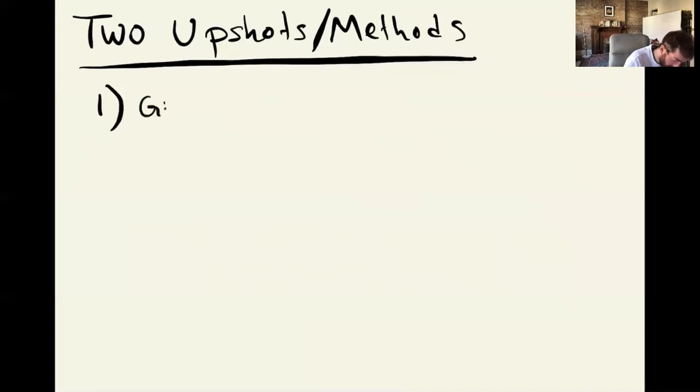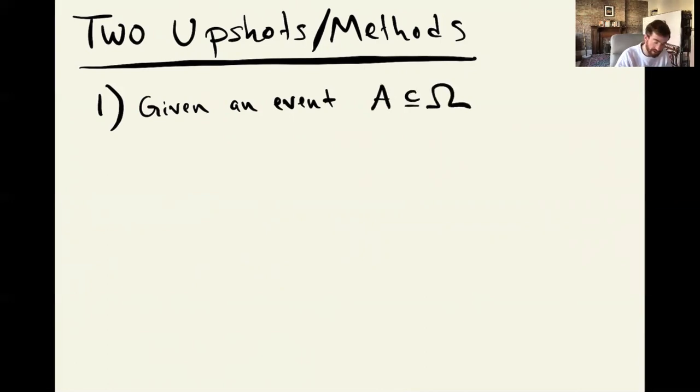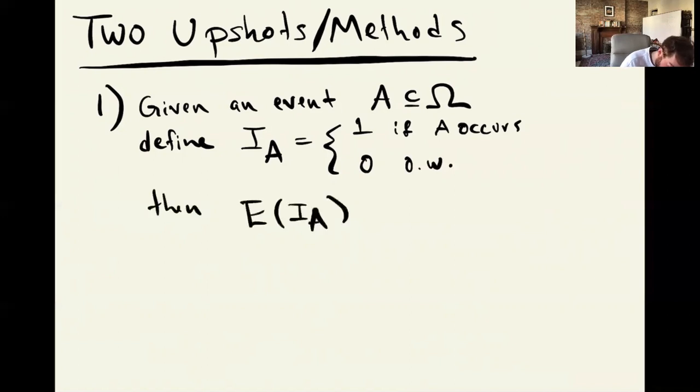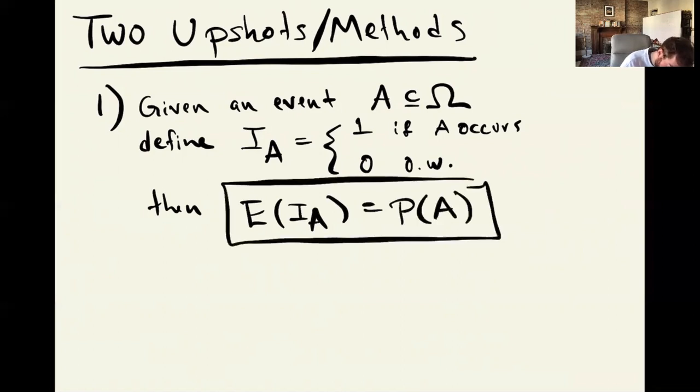If I'm given an event A, which of course is a subset of my space of possibilities omega, and I define I of A to be essentially 1 if A occurs in my experiment and 0 otherwise, then the expectation of I of A equals the probability of A. This kind of just also goes underneath the idea of like, well, I could define a Bernoulli random variable, 2 possible outcomes, 0 and 1. 1 with probability of success, meaning A occurs, which is probability of A, and then 0 otherwise.